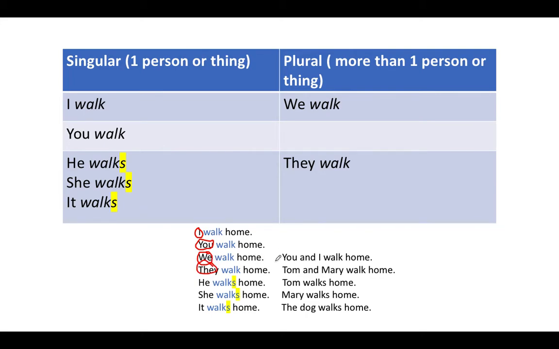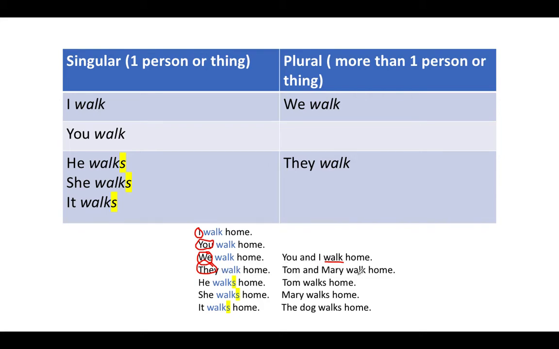And to show you kind of how these can look different, we can mean the same thing as if you say you and I. You and I is similar to we, so that's why for this one, it also just says walk. You don't need to add an S. You and I walk home. They walk home.